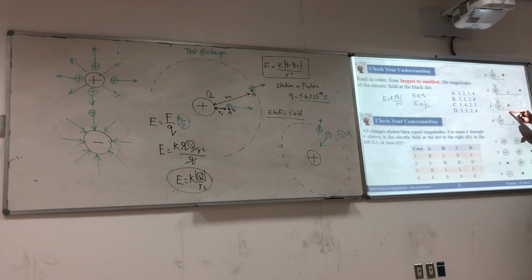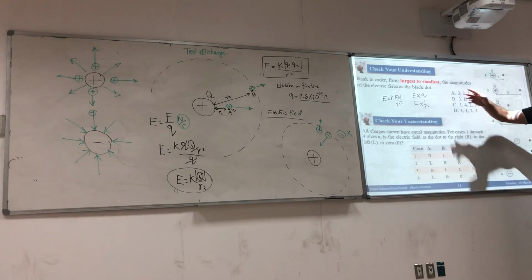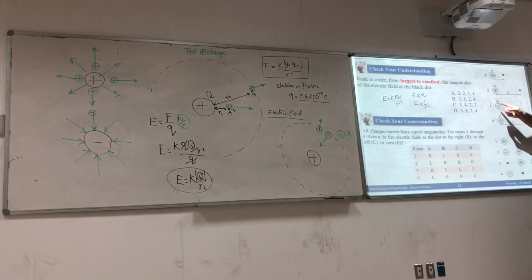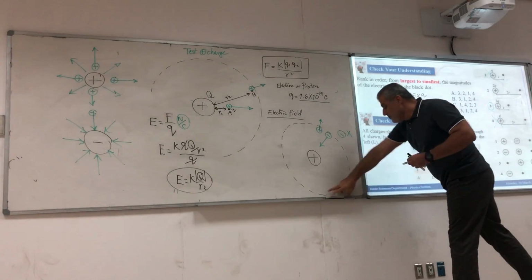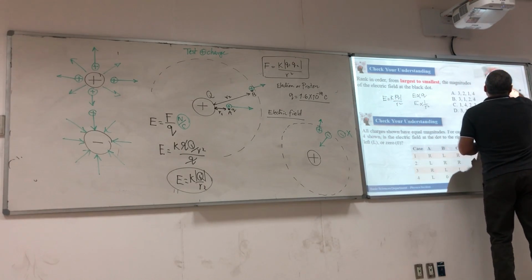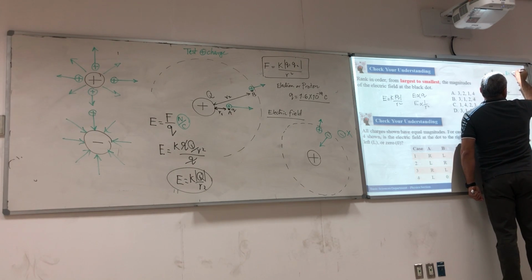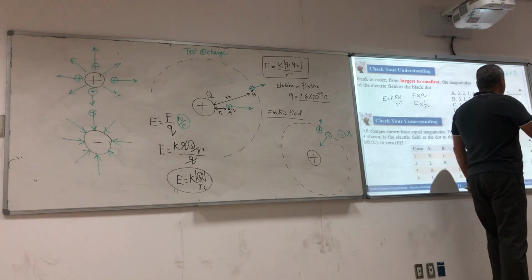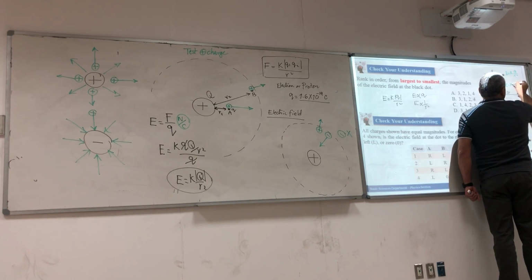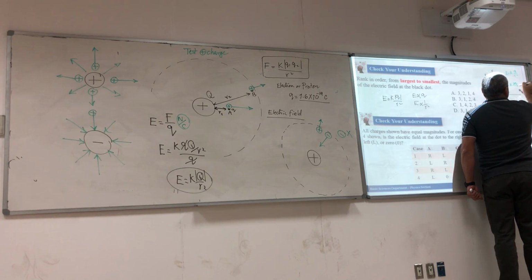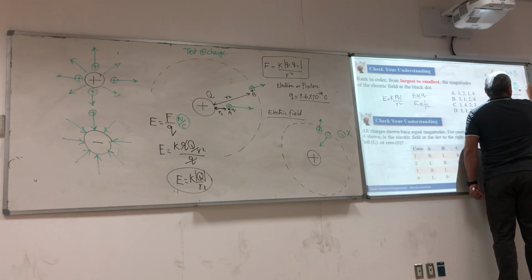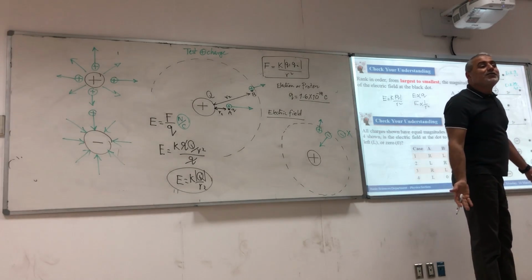This is the first. And by the way, you can find it by yourself. I'm sorry, they're asking us to rank, but what is the largest? This one. Let's do it in a very simple way. Look at me. For the first one, E is equal to K Q over R squared. For the second one, K 2Q over 2R squared.